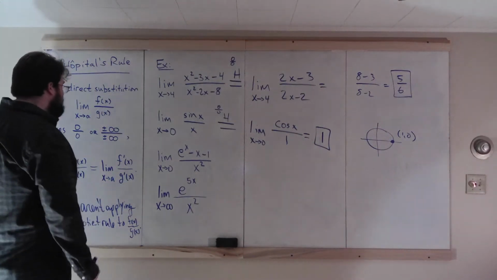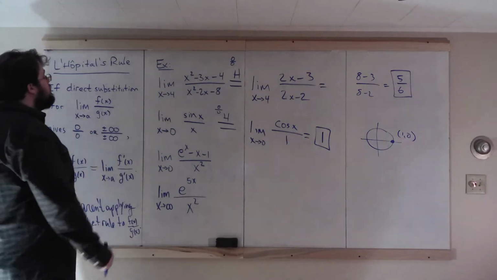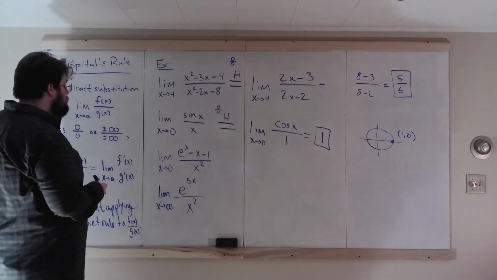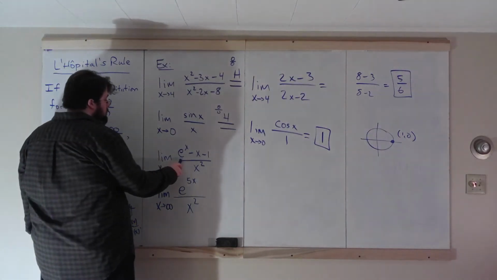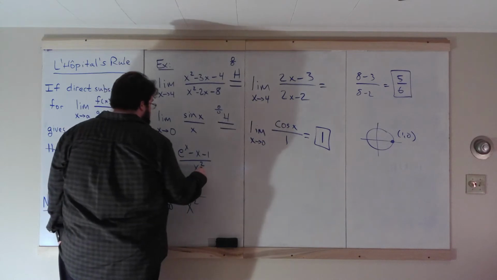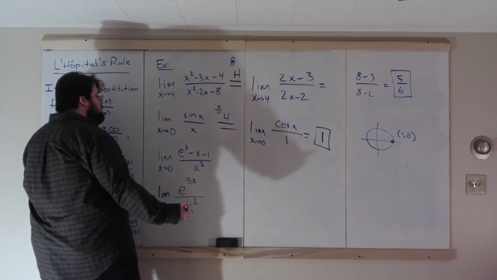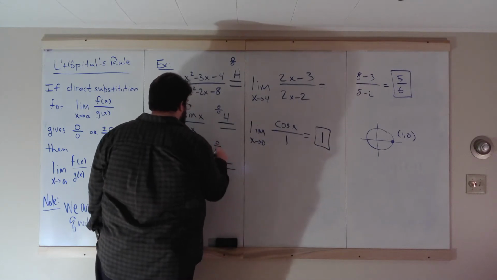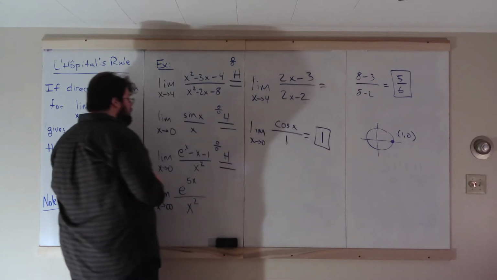Limit as x approaches 0 of e to the x minus 1 over x squared. Well, try substitution. What do you get? 1 minus 0 minus 1. That's a 0 on top. 0 squared on the bottom. So again, we get a 0 over 0, and we can apply L'Hopital's rule.